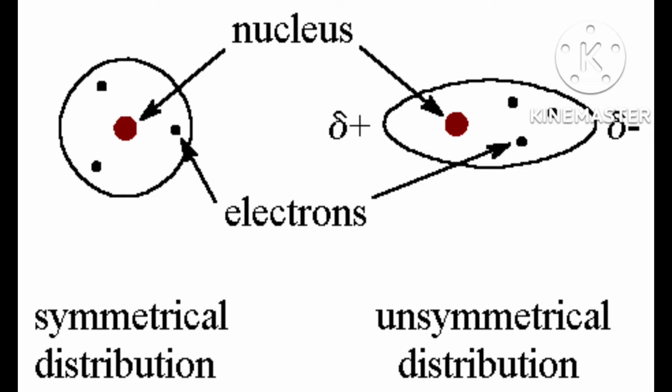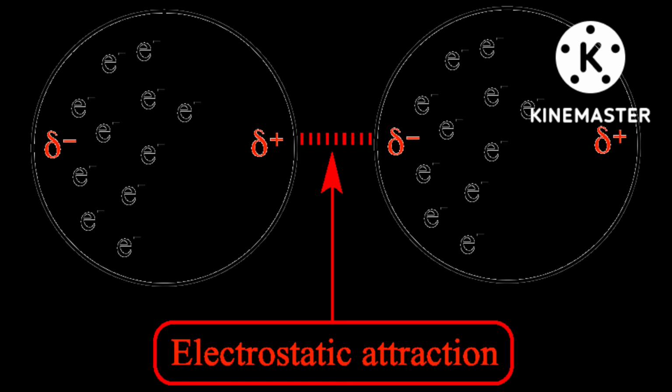Then it may so happen that momentarily the electronic charge distributes unsymmetrically in one of the atoms, say A, that is, the charge cloud is more on one side than the other. This results in the development of an instantaneous dipole on atom A for a very short time.